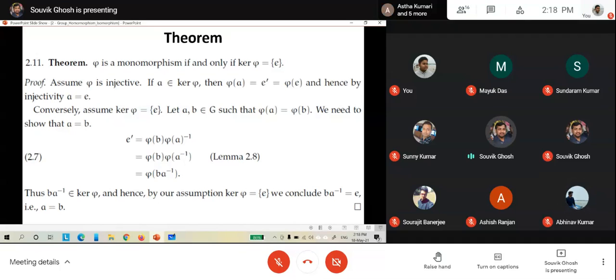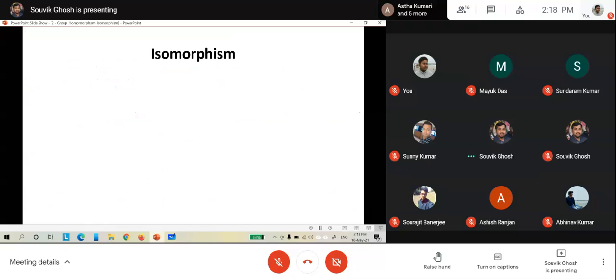Okay, no problem. So now we have the isomorphism. We have already defined that if we have one homomorphism defined from G to H, and it is a bijection, then we say that this is an isomorphism. So suppose we have two groups G and H, and we define an isomorphism between them.